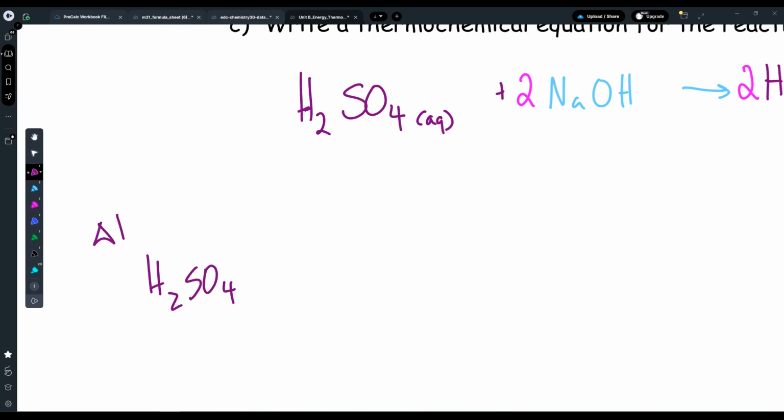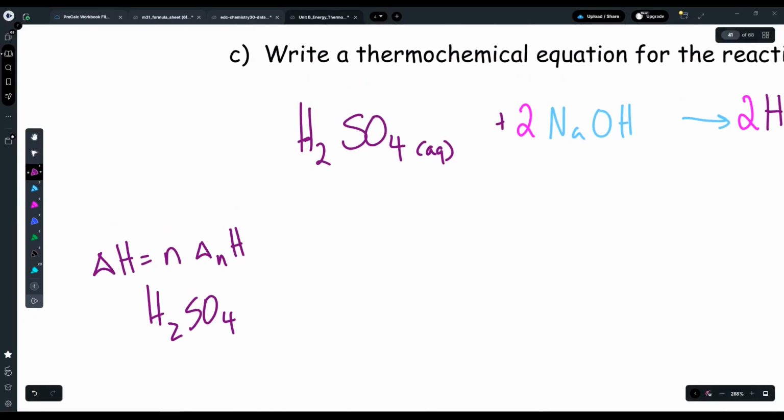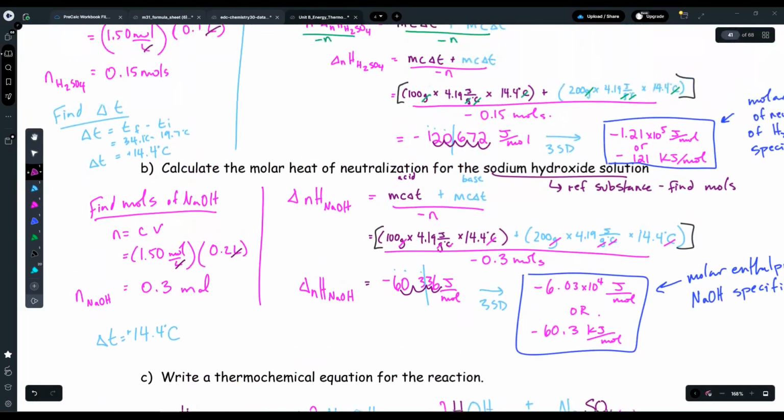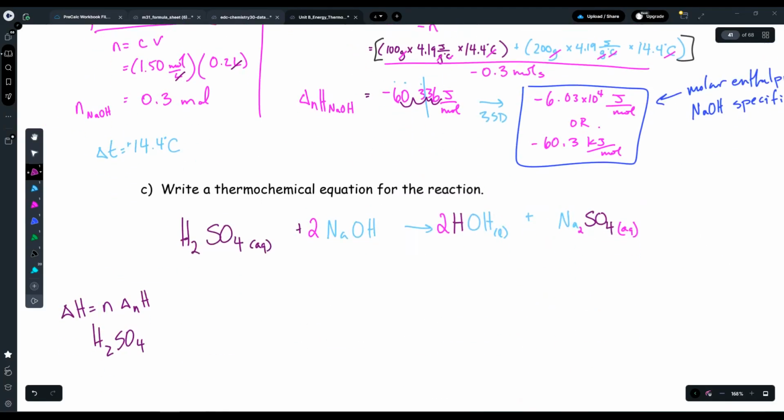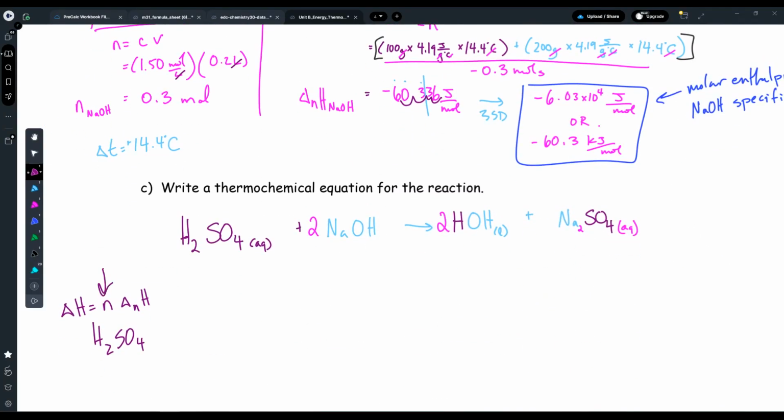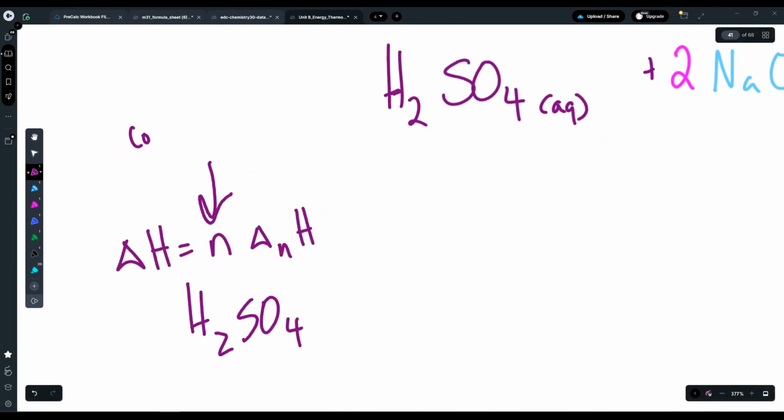So again, I'm using change in enthalpy is equal to moles times the molar enthalpy of reaction, or the molar enthalpy of neutralization. Now, since we already took into account the concentration and the volumes of both sulfuric acid and sodium hydroxide previously in these calculations, that means that these moles come from the coefficient of our balanced chemical equation.